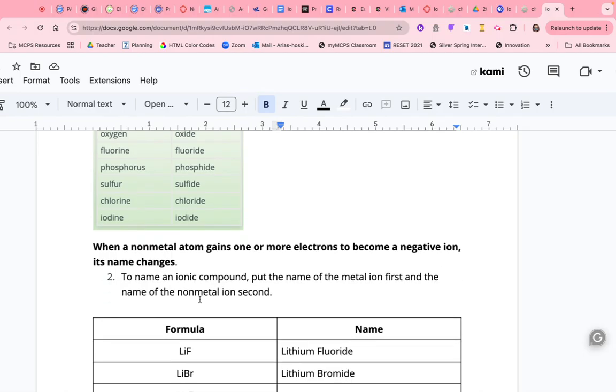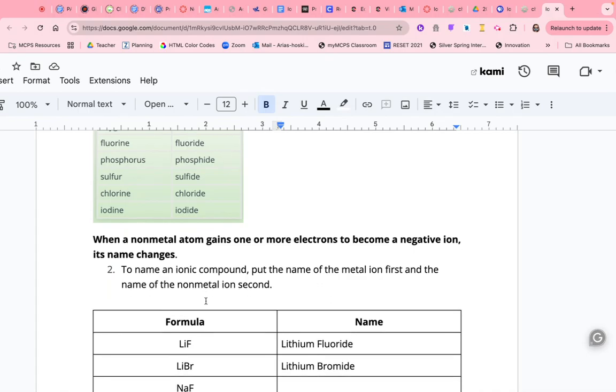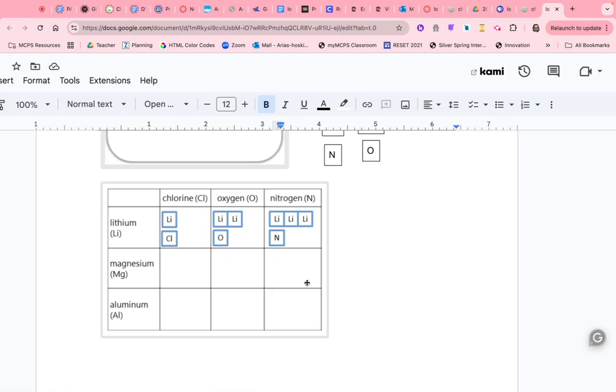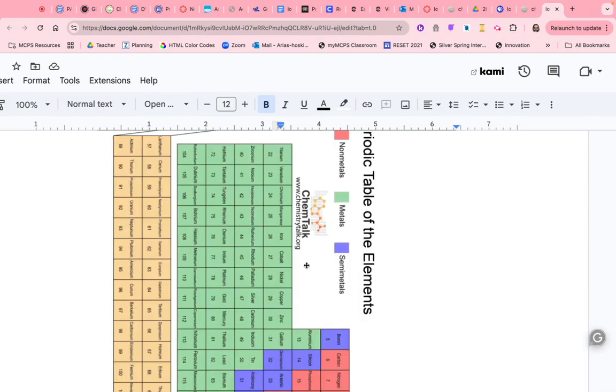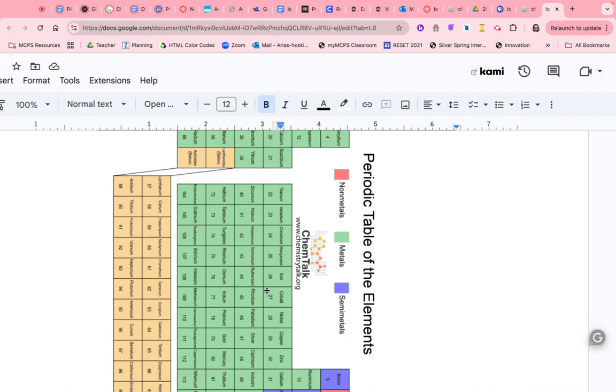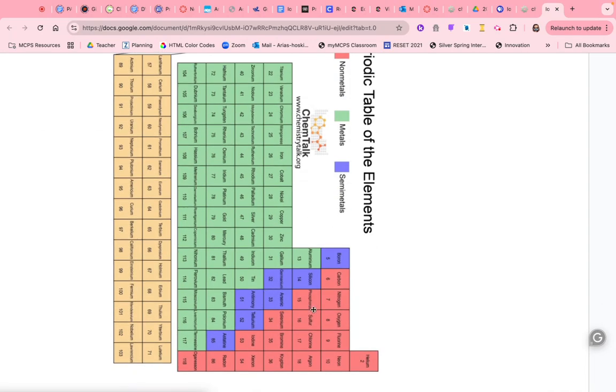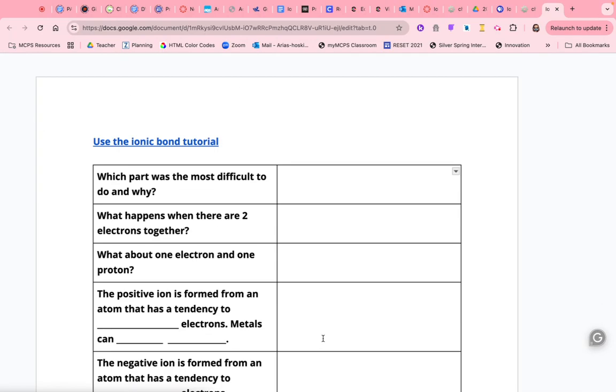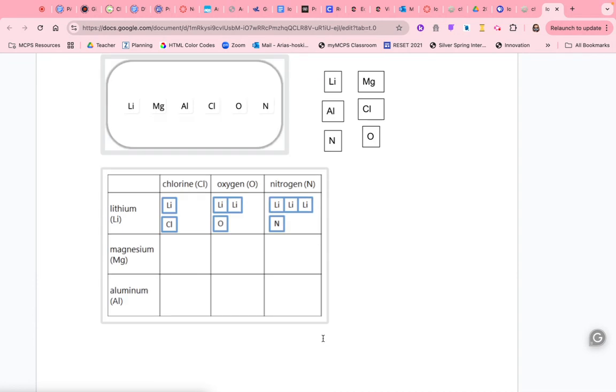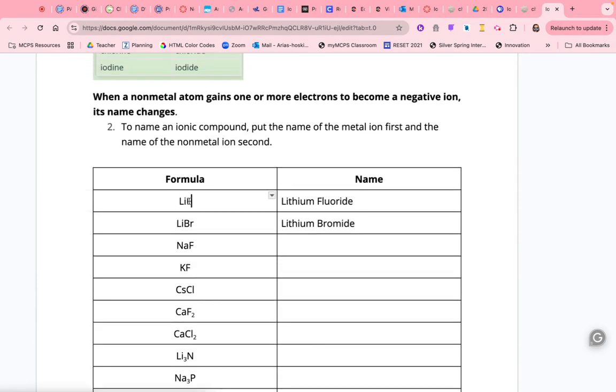In this part right here, to name an ionic compound, put the name of the metal ion first and the name of the nonmetal ion second. So the first part is the metal. Remember, just look at your paper in here. All the left side is metals, or the green section. And the ones that you see that are pink are the nonmetals, okay? So Li, if you look in your paper, is 1 plus, it's a metal.